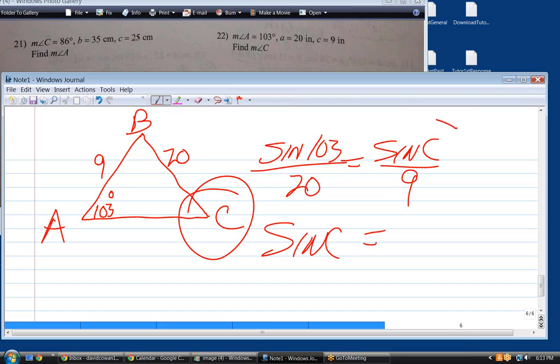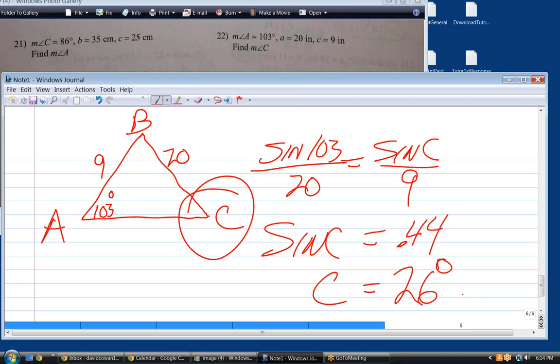The fastest way to do this, Morgan, is to figure out what the sine of 103 over 20 is and multiply it by this denominator, 9. So it's 0.44. Okay, what is C? 26. And that's it.